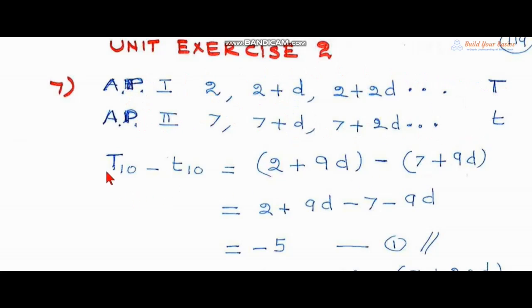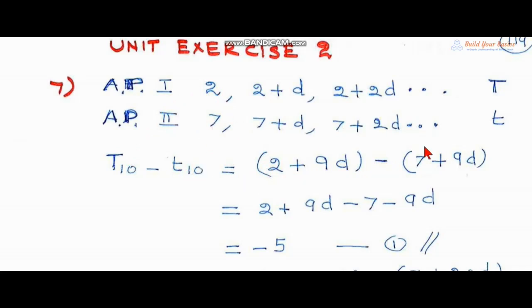So let us find T10, the 10th term of the first AP, minus t10, the 10th term of the second AP. That is equal to 2 plus 9D, the 10th term of the first AP, where the first term is 2, minus small t10.